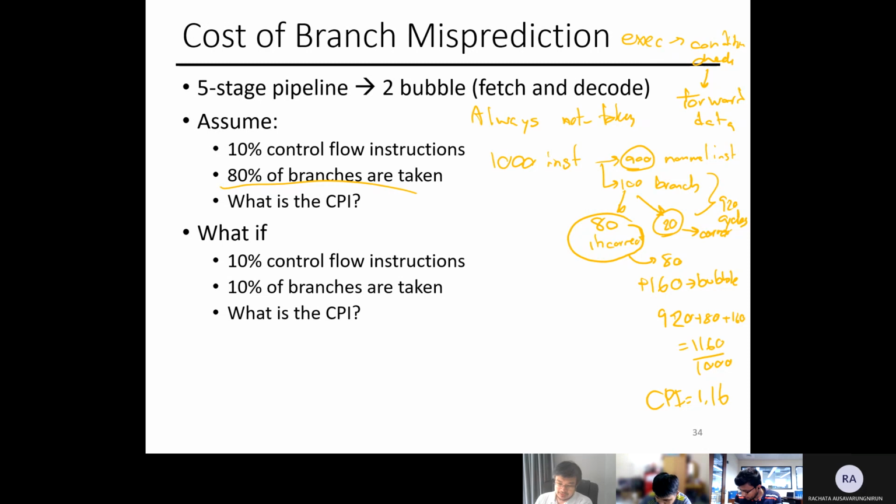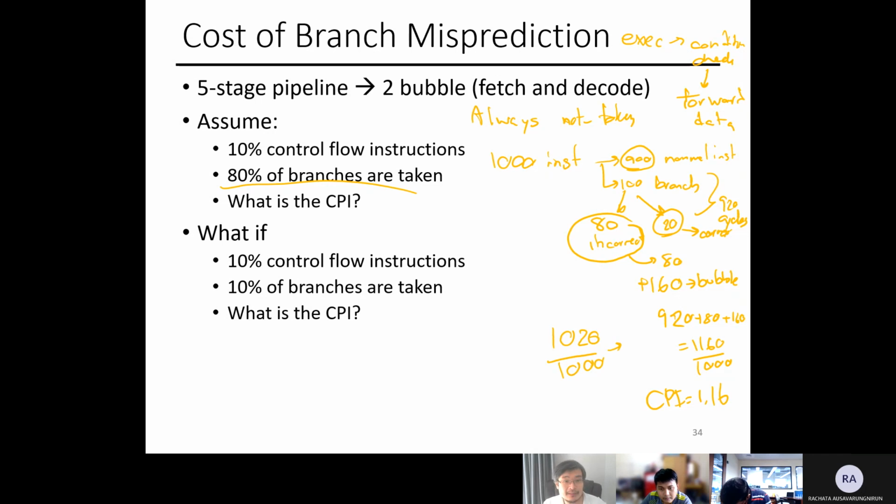All right. Anyone got the answer for the CPI? Yes, it's 1020 divided by 1000. 1020 over 1000, right? So what's that?